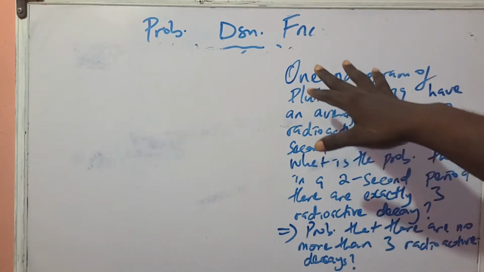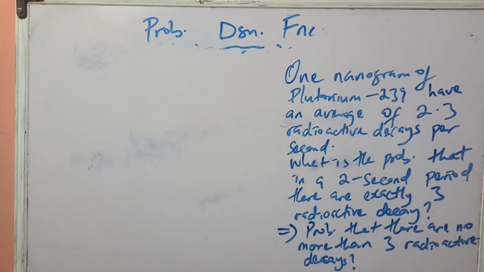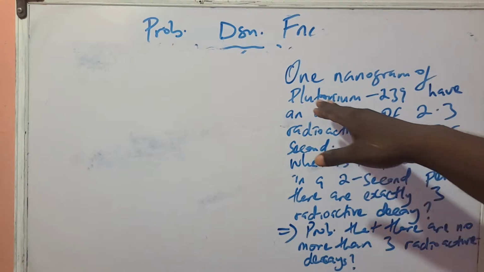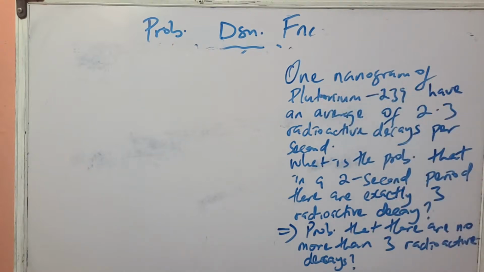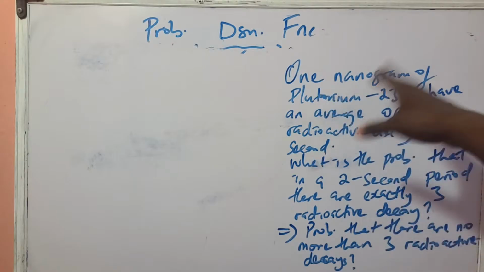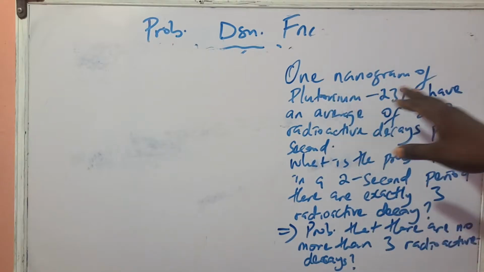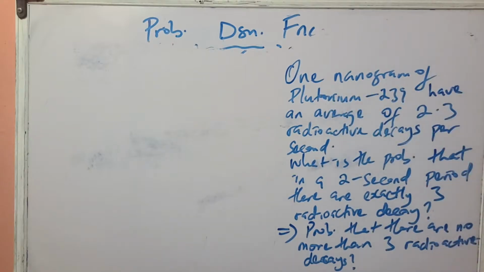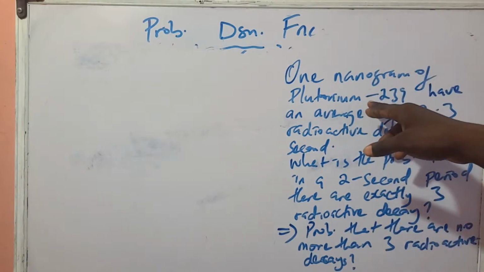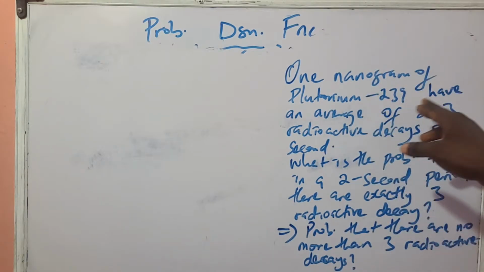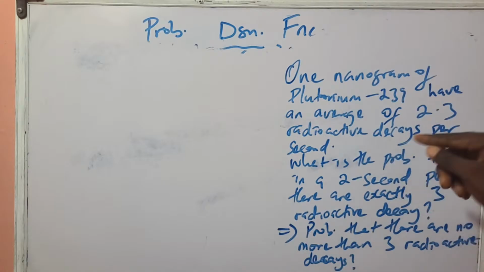It doesn't. This is just a word problem, more like saying 1 nanogram of plutonium. So 1 nanogram of that element has an average of 2.3 radioactive decays per second.